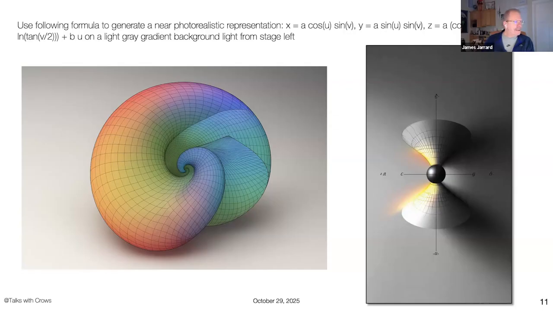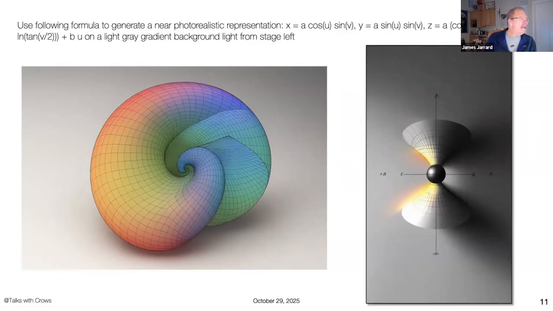But here we go. Here's another image I added to this. Use the following formula to generate a near photorealistic representation of the math formula as it's commonly represented. And you notice that is not LaTeX.